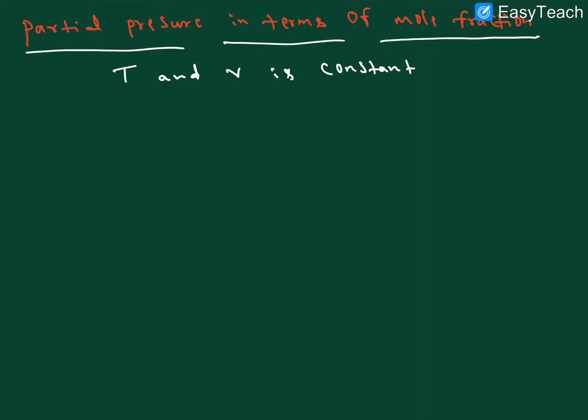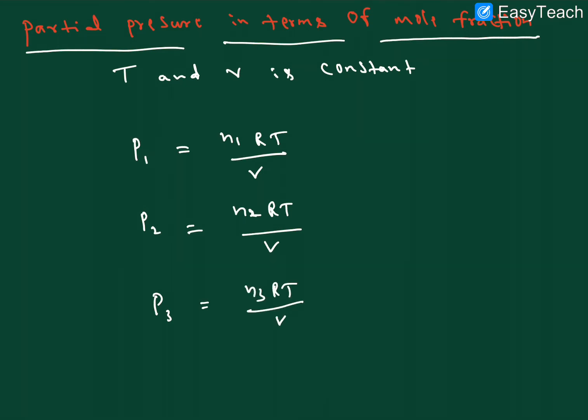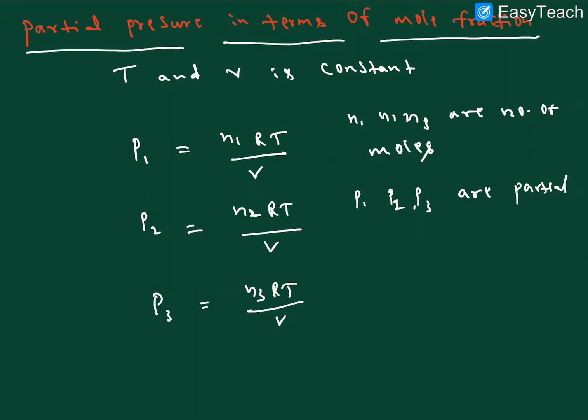So the partial pressure P1 for one gas is n1 RT by V, where V is constant. For the second gas, P2 is n2 RT by V, and for another gas, P3 is n3 RT by V. Here n1, n2, n3 are the numbers of moles, and P1, P2, P3 are the partial pressures of the individual gases. I hope it is clear.